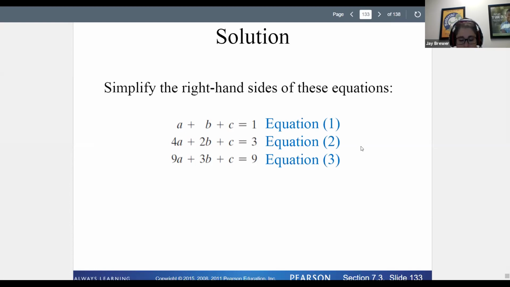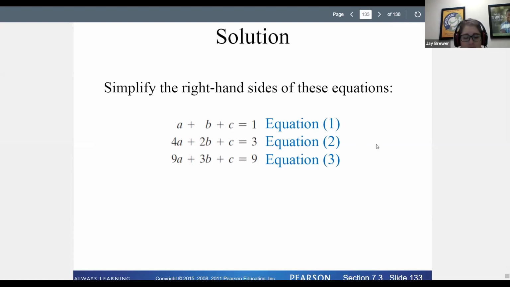Tell me why you're eliminating C. It's the only variable that doesn't have a number in front of it. Right, that number is 1. Okay, so consistently with C we got lucky. Well, I guess not really lucky because the standard form just has C. So they're choosing to get rid of C.